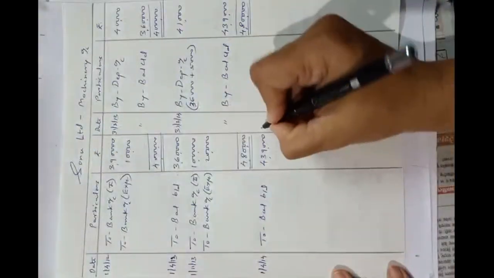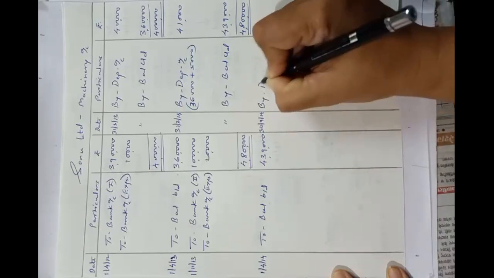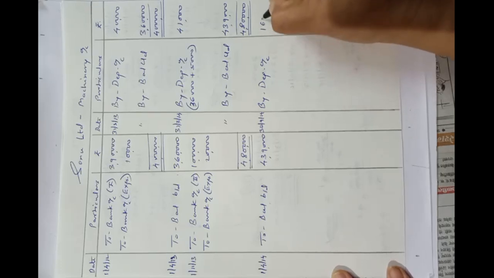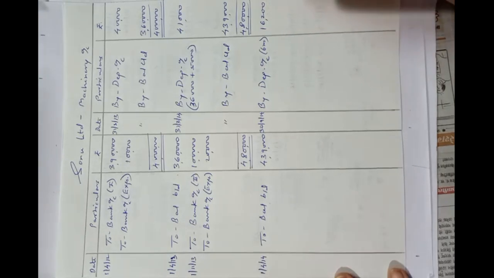of loss in sale. So on 30th September 2014, by depreciation account 16,200, it is for 6 months because this machinery before selling it was used for 6 months.